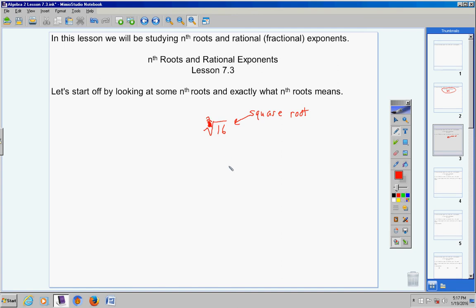Now, something else I want to show you that's really, really important. Please write this down. The number inside the radical, we need to know the name of this, because from now on, I want to say to you students, look at the radicand, and you know what I'm talking about. The number under the radical is called the radicand.